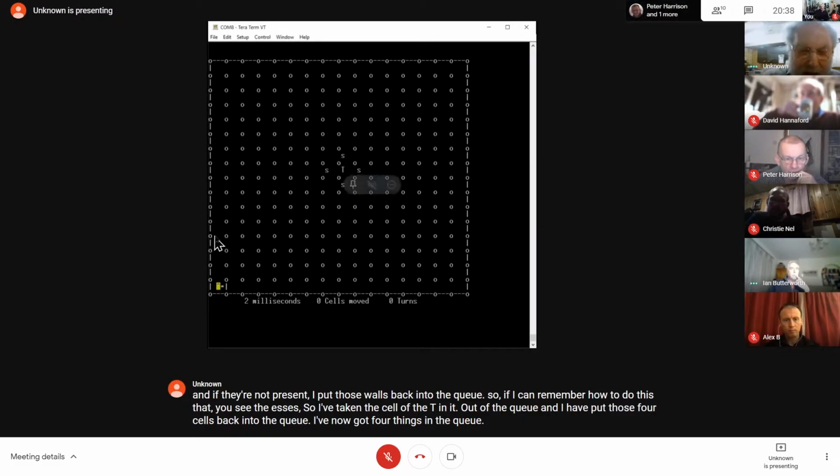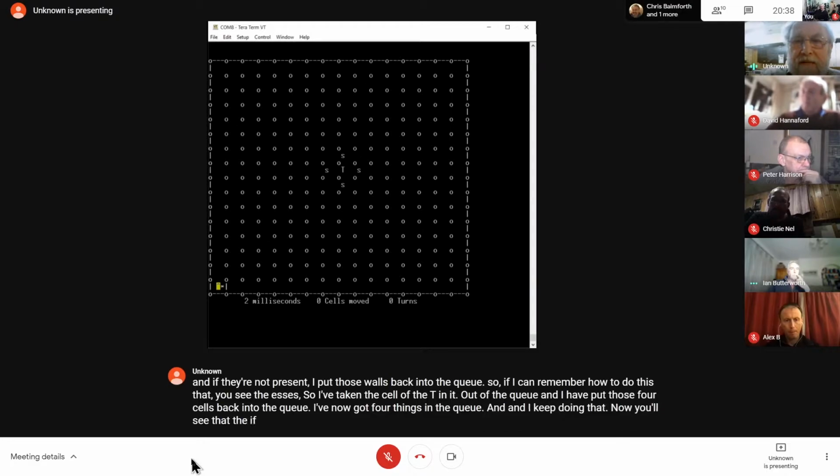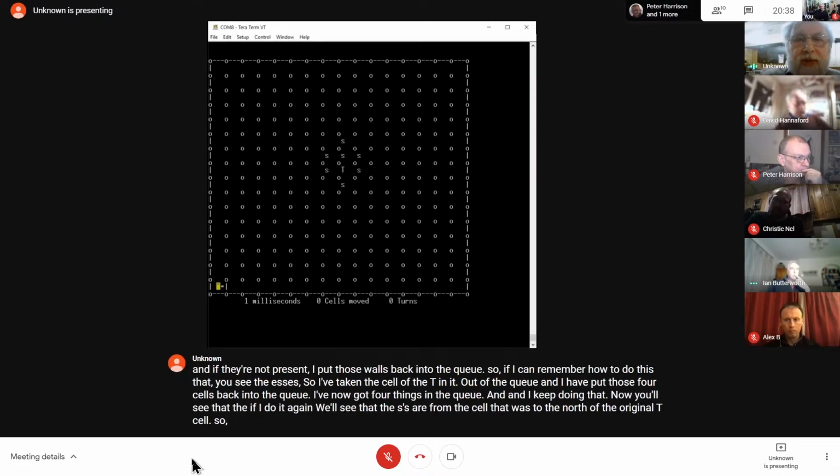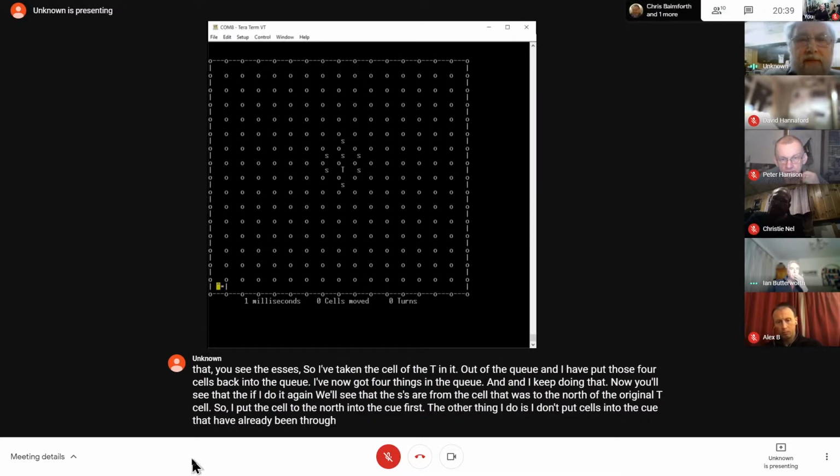Okay. And I keep doing that. Now you'll see that if I do it again, the S's are from the cell that was to the north of the original T cell. So I put the cell to the north into the queue first. The other thing I do is I don't put cells into the queue that have already been through the queue, the ones I've marked as S for solved.